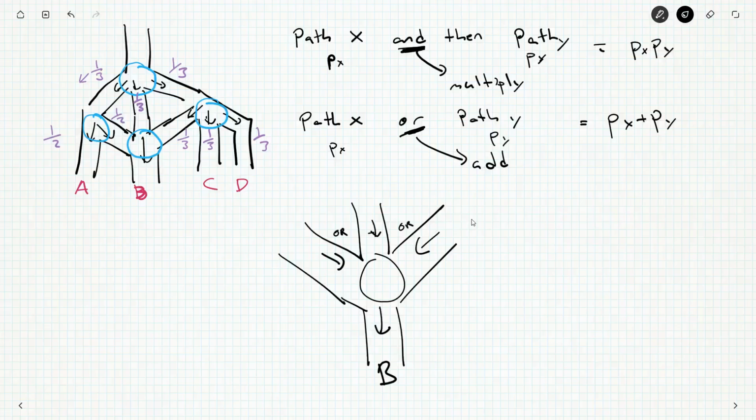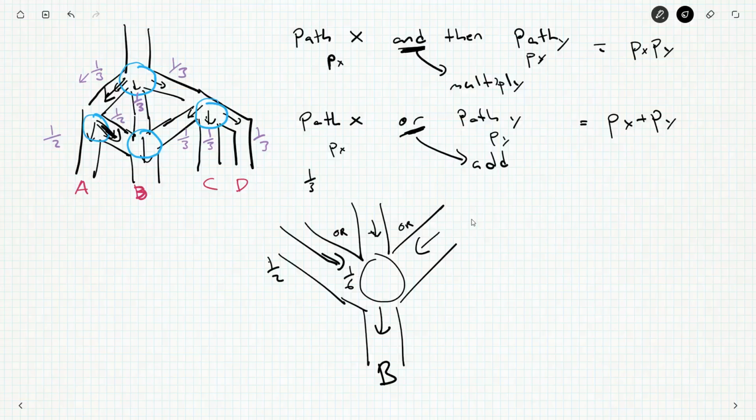Okay. So now we have to ask ourselves, what is the probability he's heading down this tube over here, this tube on the left? Well, that's the probability that he goes down the 1/3, and then at the split in 2, he heads down this way. So he has to go 1/3 and then 1/2. So it's a probability of 1/3 times 1/2, or 1/6 that he's coming from this way.